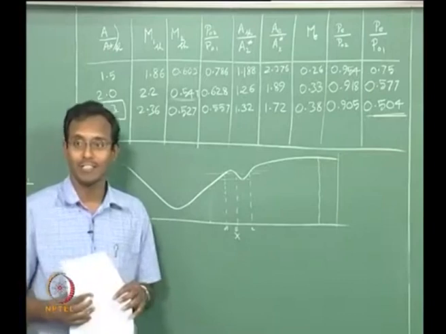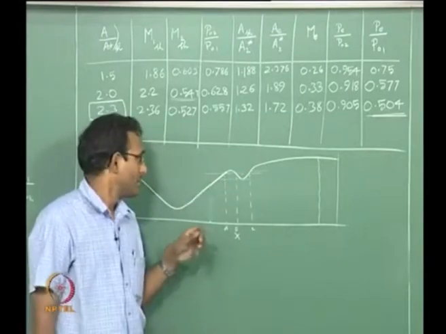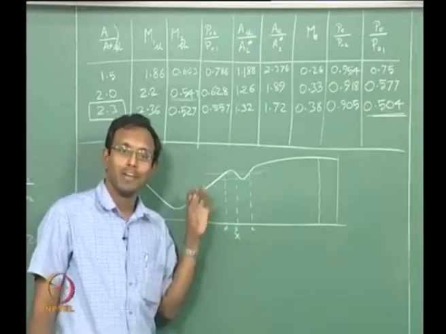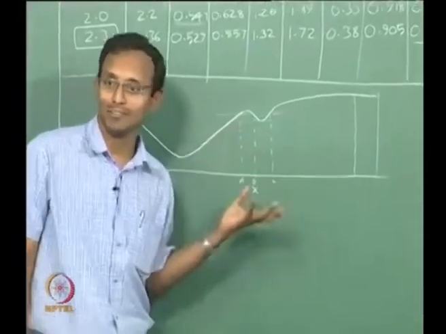I still have A or C, both are divergent ducts. Now, which one will it be? It depends on history, whatever history of the shock.